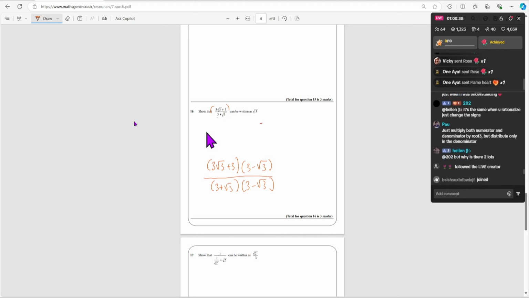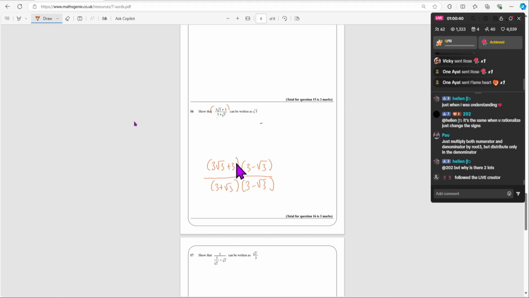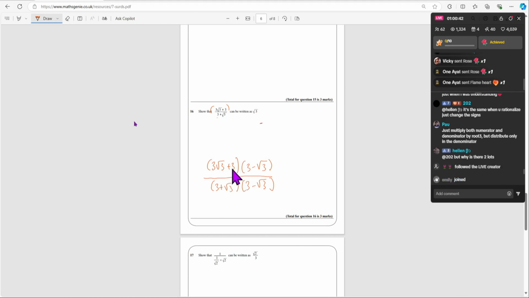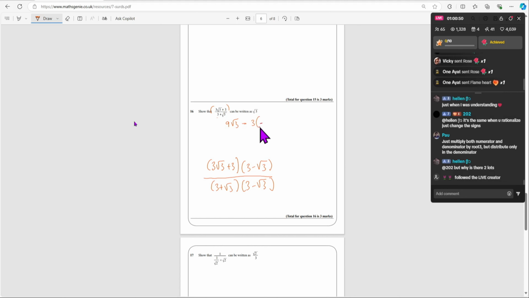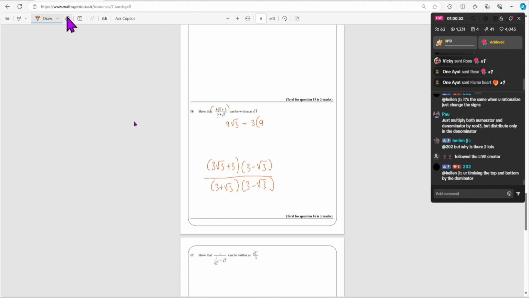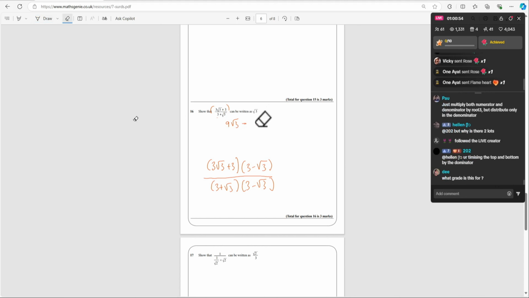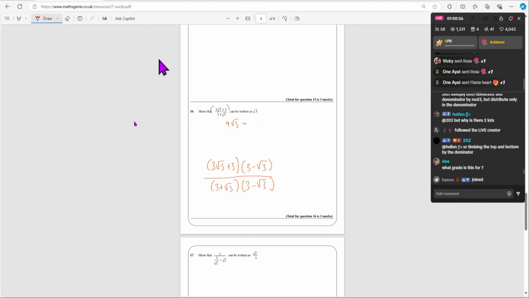Once you have done that, you expand it as usual. So now it's going to be 9 root 3 minus 3 times 3, which is 9, and then plus 9, then minus 3 root 3.